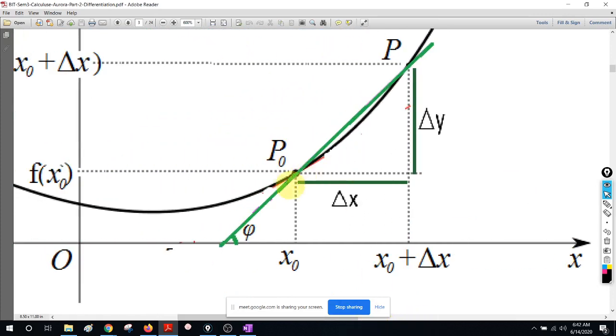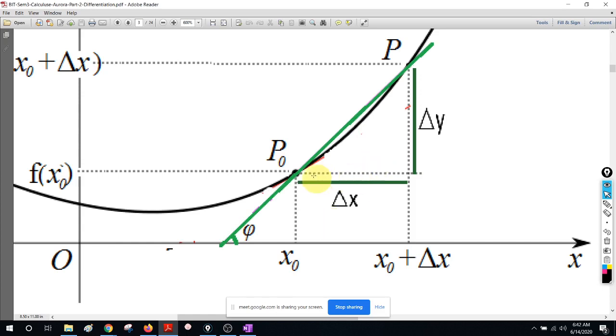I'm interested in the tangent, but since I can't figure out how to draw the tangent, I draw a straight line from P naught to another point on the graph at x equals x naught plus delta x. So delta x means a very small value, right? In mathematics, we use delta to represent a very small, infinitesimal value. So how small? Very, very small. But when we draw it, we just exaggerate it. We are going to make it closer and closer to zero.